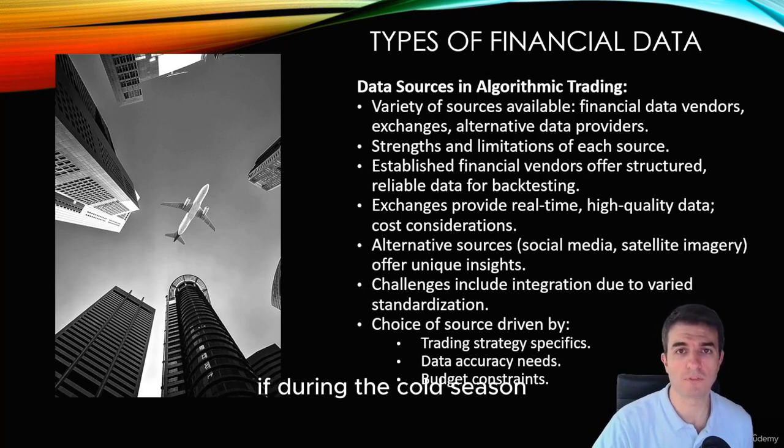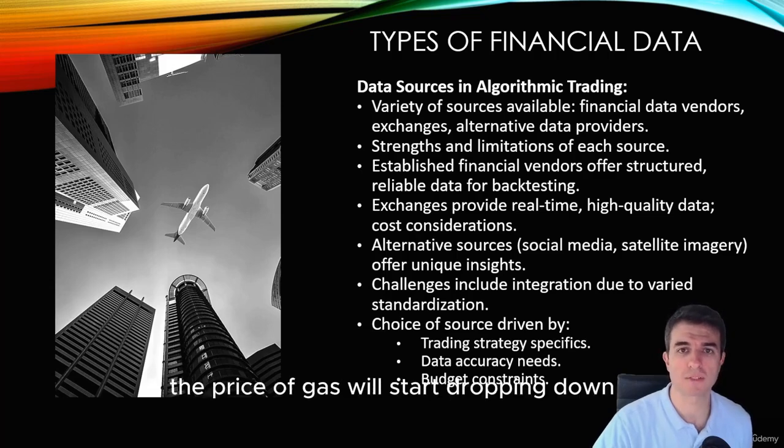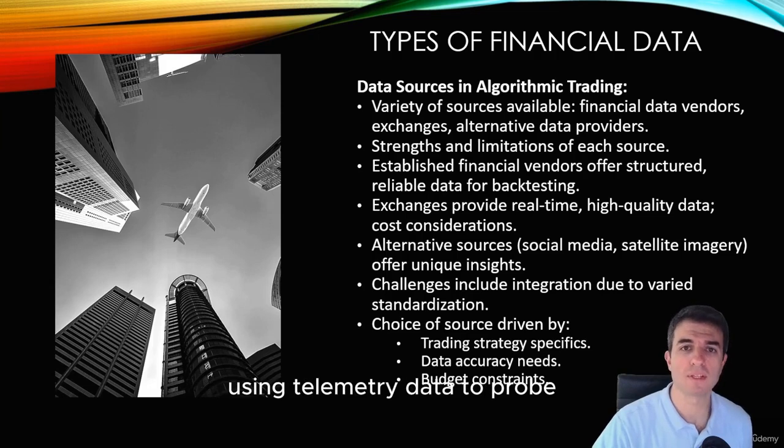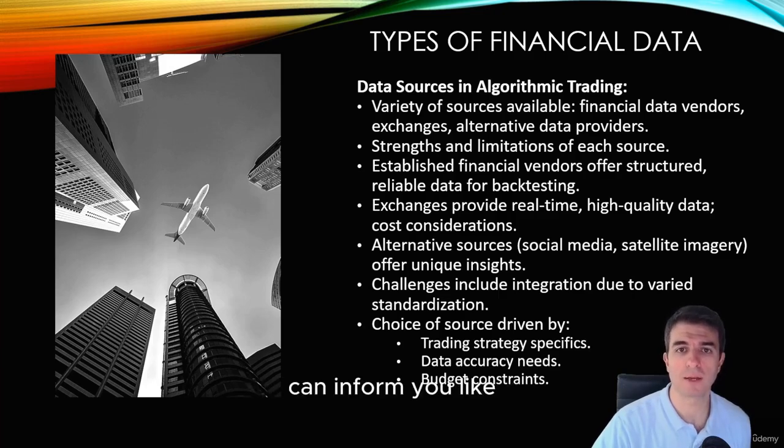Or in the opposite case, if during the cold season we don't have a lot of cold and there's a surplus of gas, the price of gas will start dropping. Using telemetry data to forecast the weather and using satellite imagery can inform you one week ahead or 10 days ahead on what might happen in the coming days.